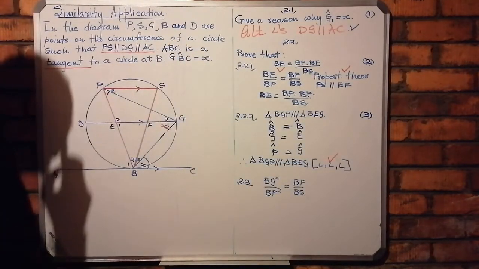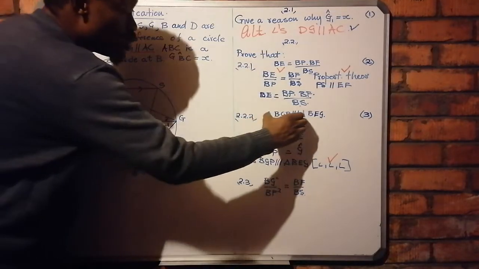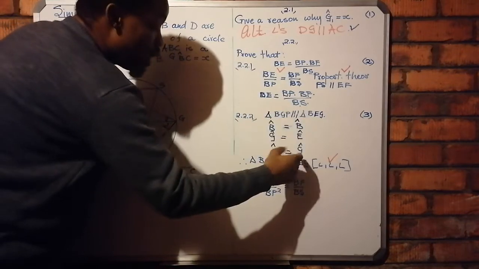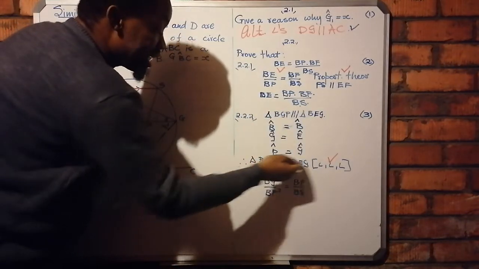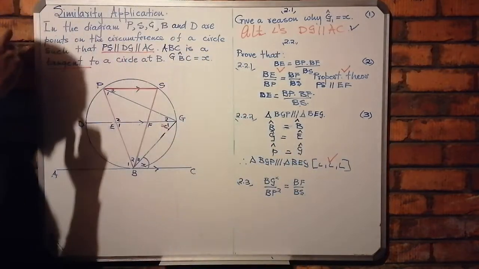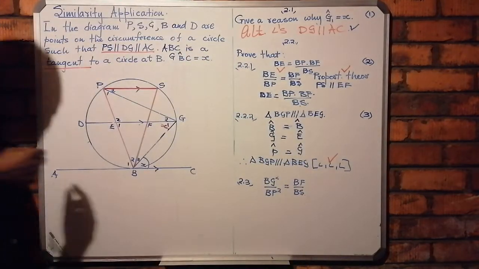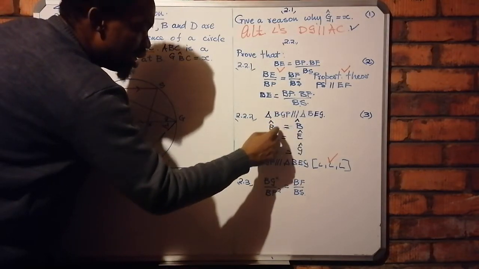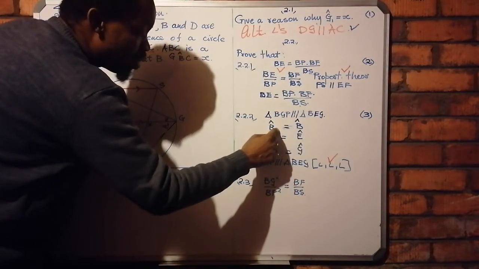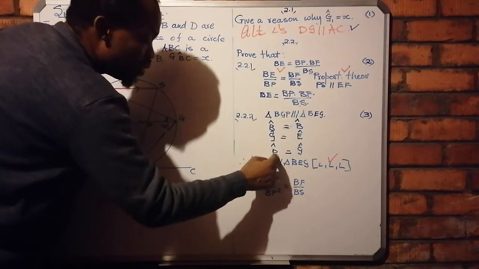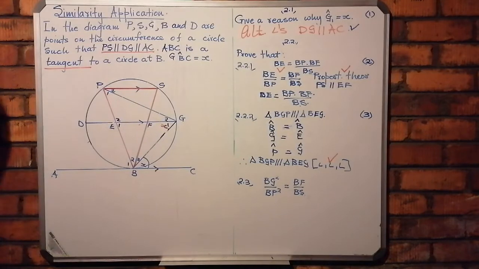That is why now, next step, after saying corresponding angles of these two triangles are equal, therefore the two triangles are similar because of angle, angle, angle. Now, I'm going back to the diagram to say, in triangle BGP, which angle B am I talking about? Which angle G? Which angle P?